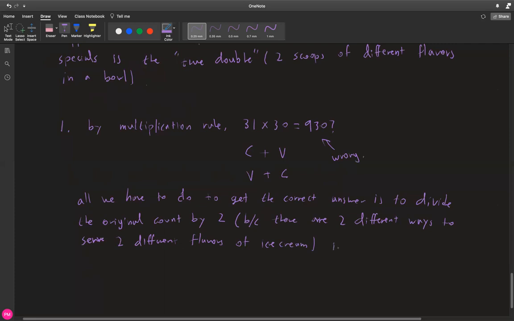In other words, we have chocolate and vanilla, or vanilla and chocolate. And this is all it's saying. So we have 2 different ways to order the 2 different flavors. So we take 31 multiplied by 30 and divide it by 2. That is 930 divided by 2, which is 465 ways. And this is the correct answer.